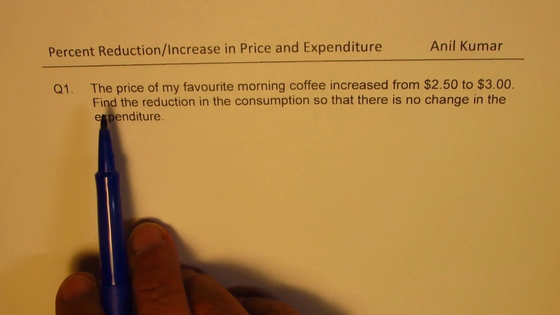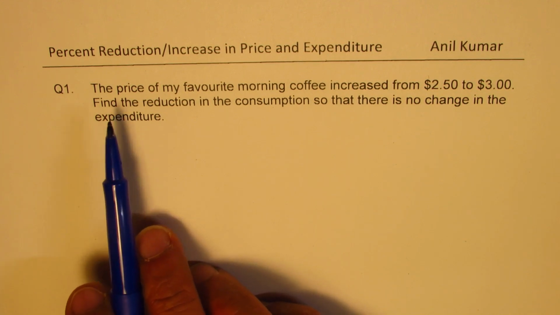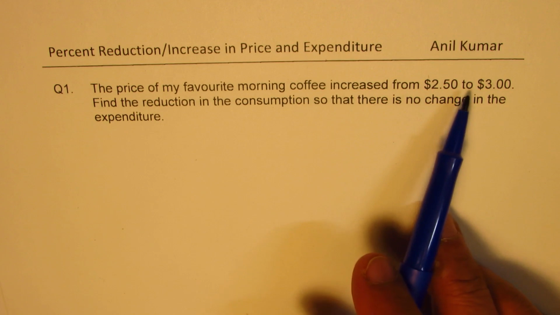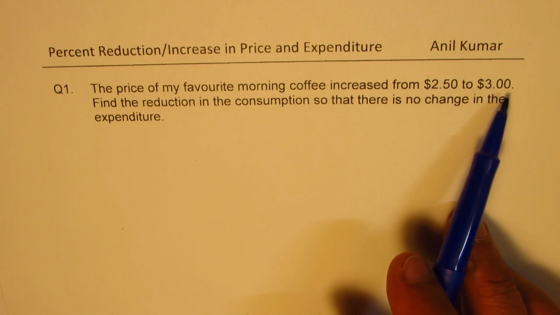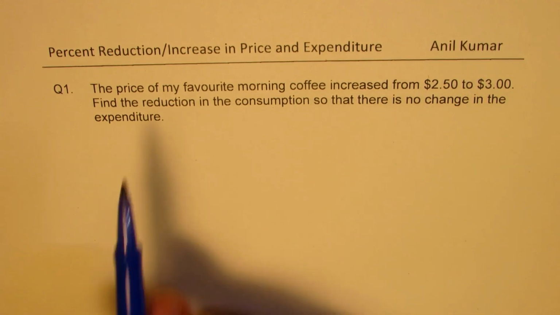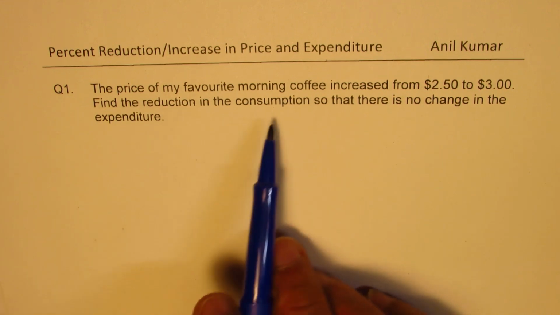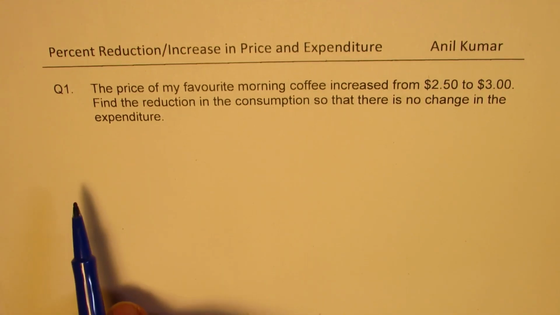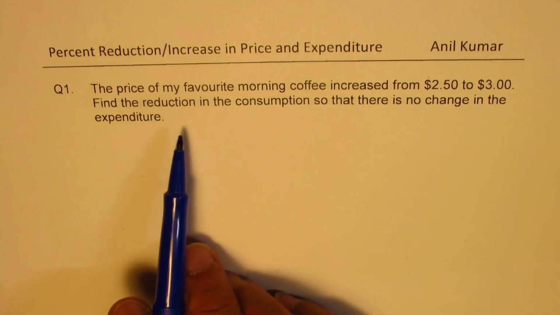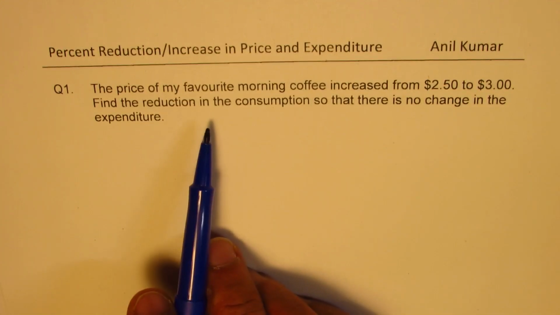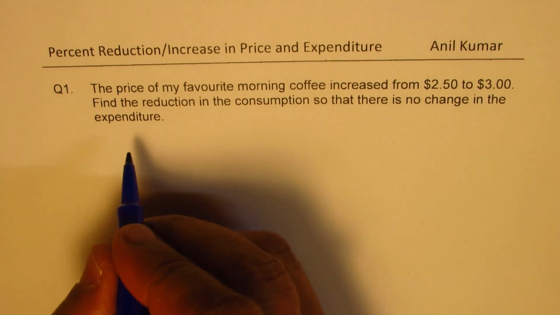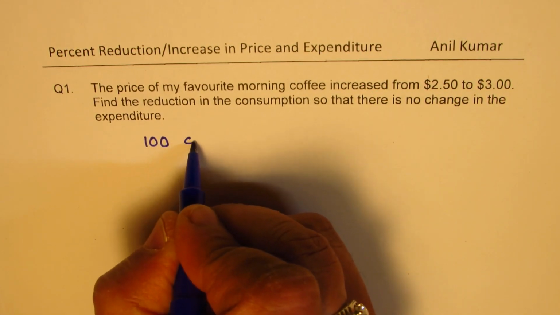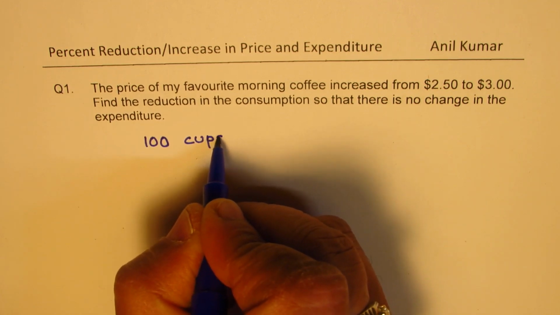Okay, so let's begin with the very first one, which is the price of my favorite morning coffee increased from $2.50 to $3. Find the reduction in the consumption so that there is no change in the expenditure. Now, one key is that to make calculations simple, let us say that our consumption is 100 cups, right?